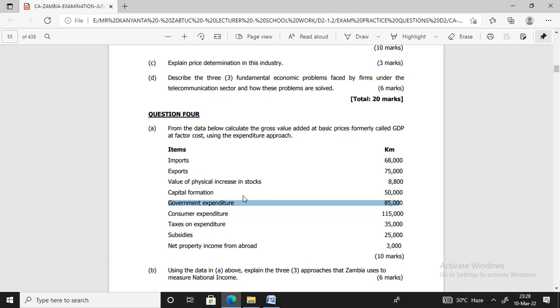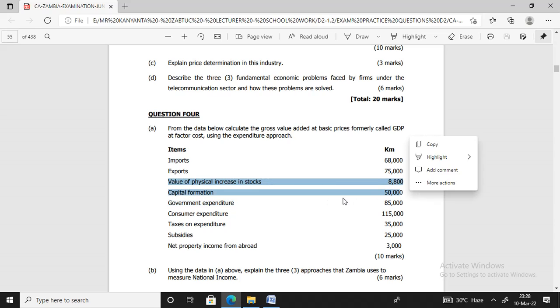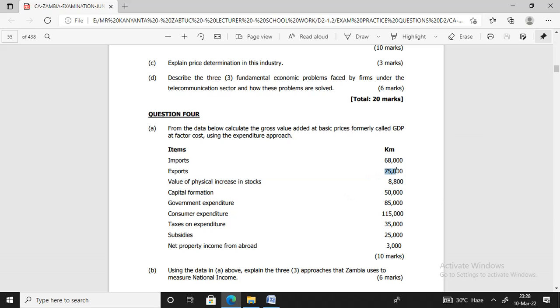Investment expenditure is coming in the form of value of increase in stocks, and then you also have the capital formation. So for investment expenditures, we have those two there. We're going to pick those two figures. Then exports, we have it there, 75,000, and imports, of course, we have it there, 68,000. So we have most of the things.